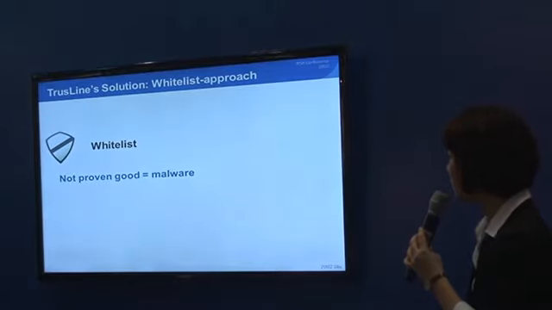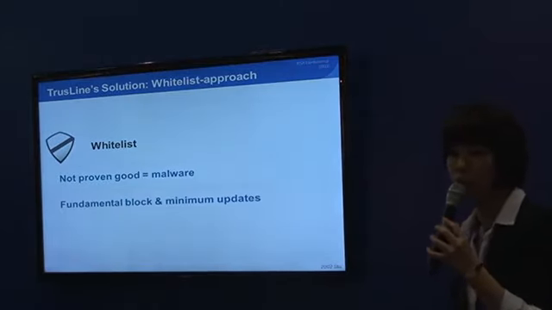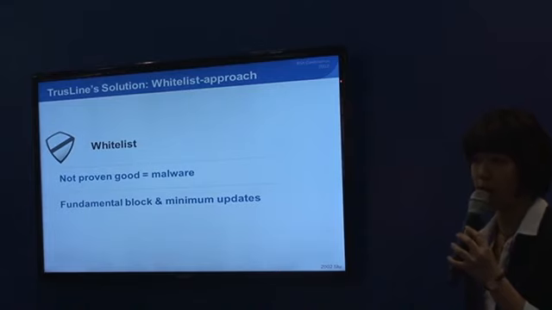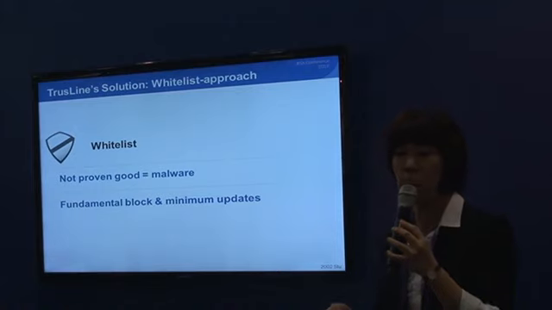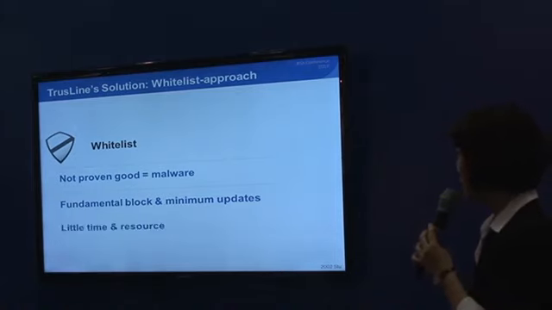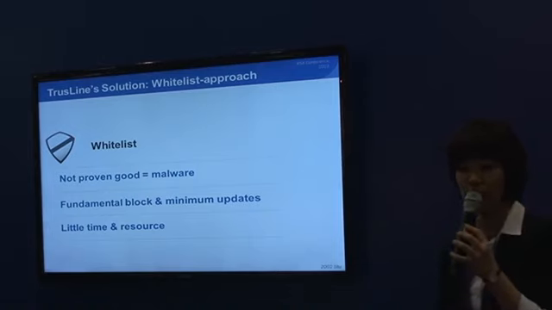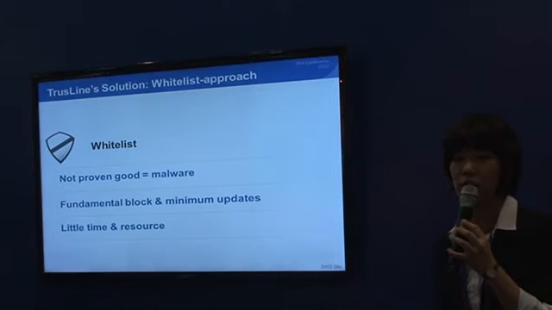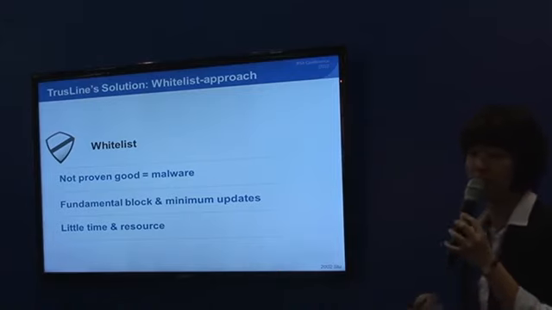By this, we fundamentally block all the threats, even new malicious programs, from entering the system of the client. In this way, TrusLine does not respond to threats, but we are prepared against the APT attack. This not only gives the highest protection level, it also saves time and resources to identify and to respond to APT attacks on the client system.